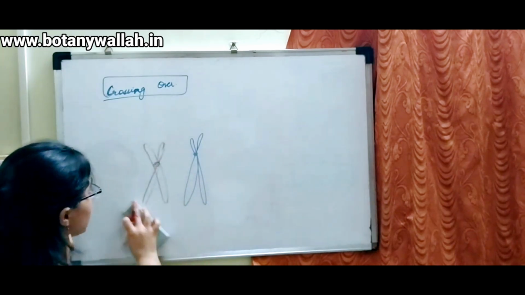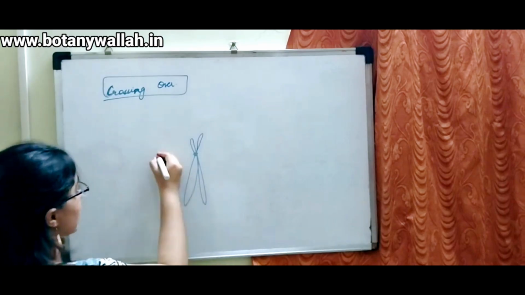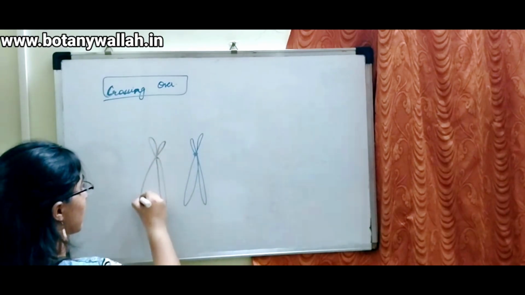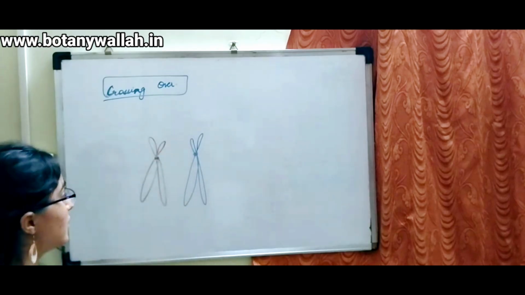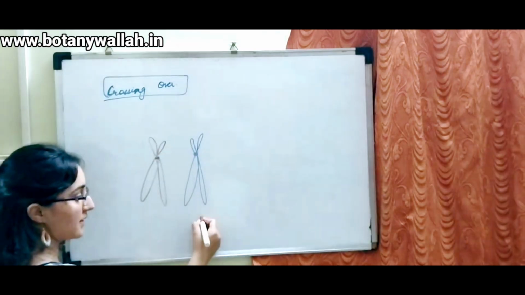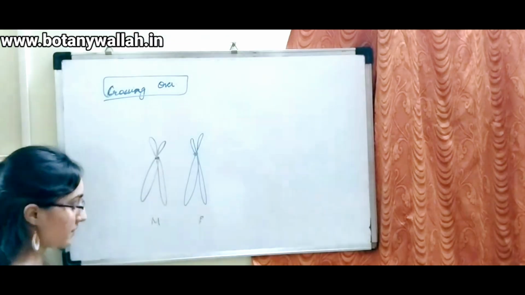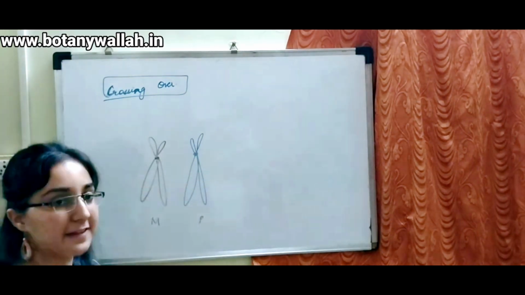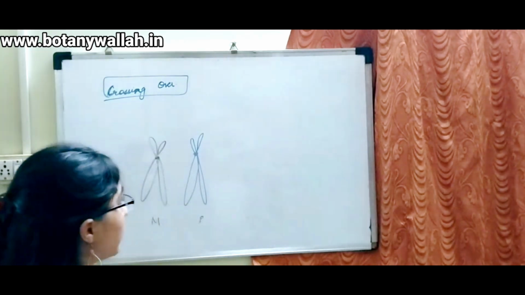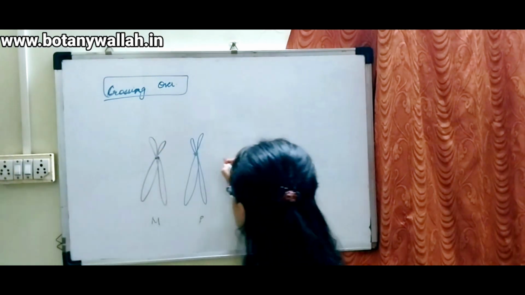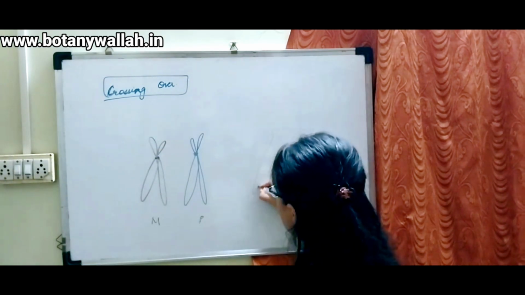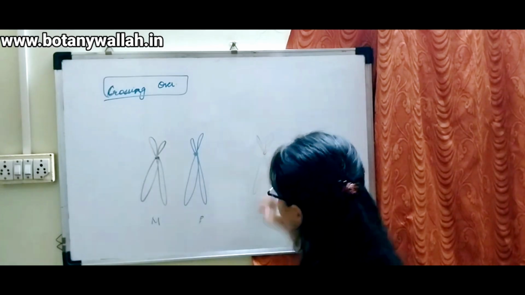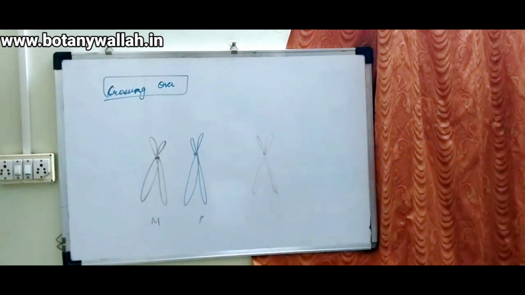So this is from the father side and this is from the mother side. Now what happens? First they come together and they attach. How will they attach? Like, this is the mother chromosome, the chromosome of the mother.